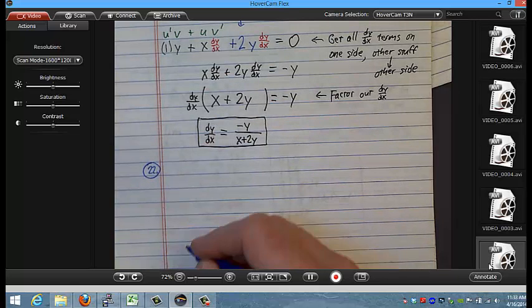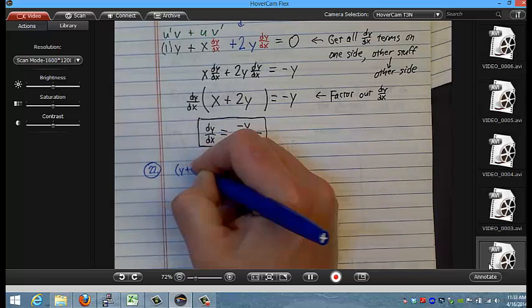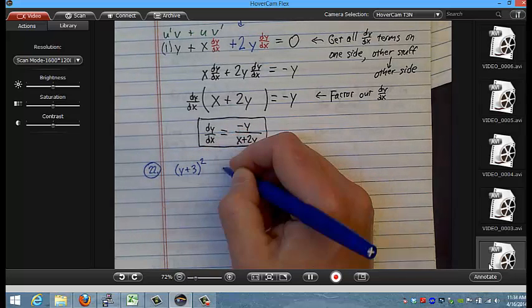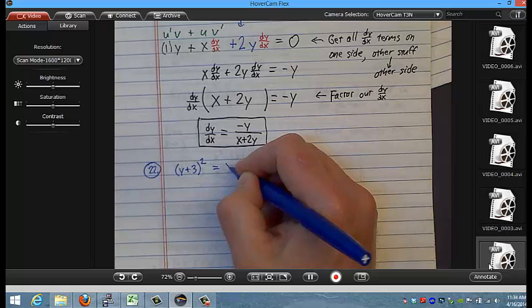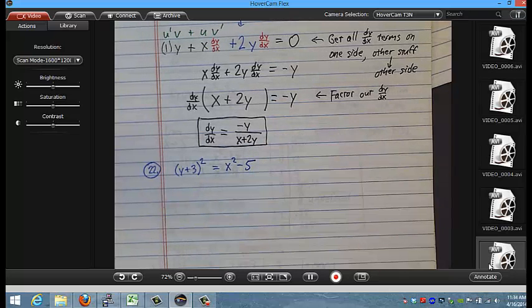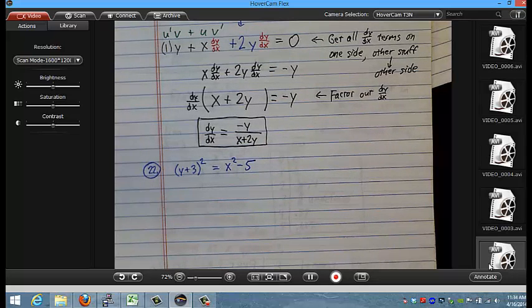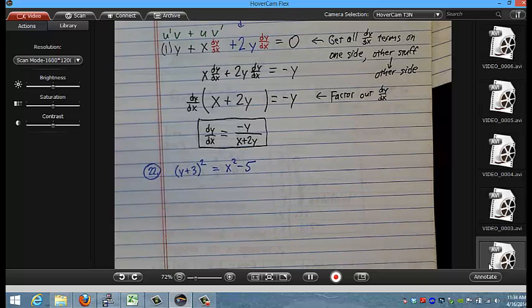So 22, we have y plus 3 squared equals x squared minus 5. That's a good example. I would follow the same steps, but I would slow down a little bit.